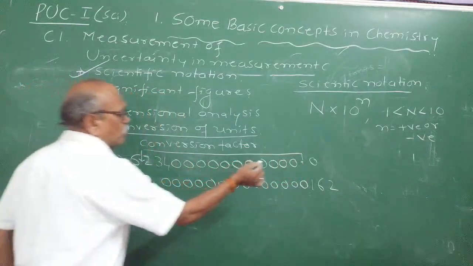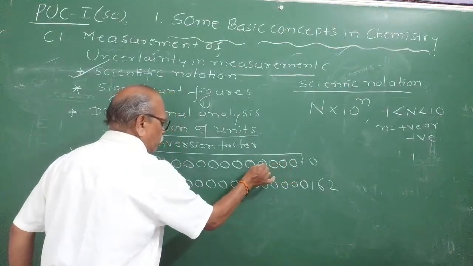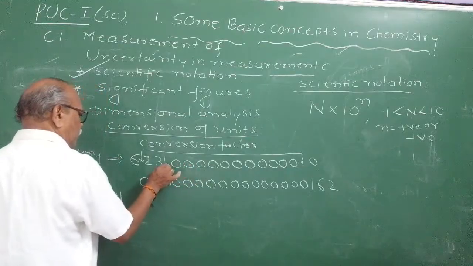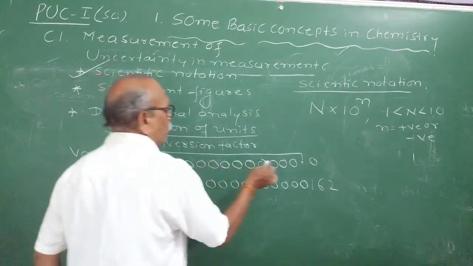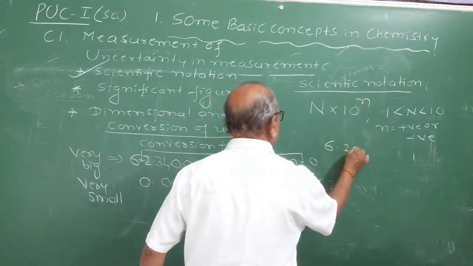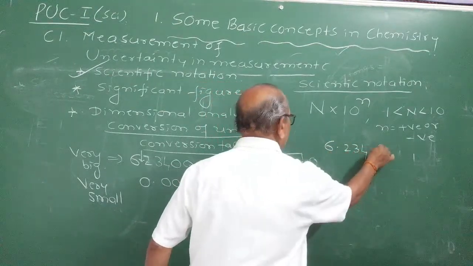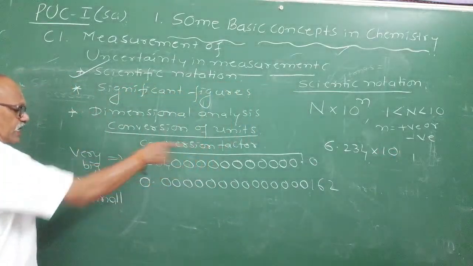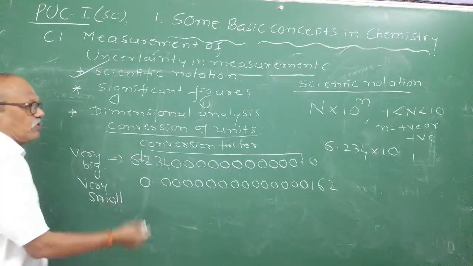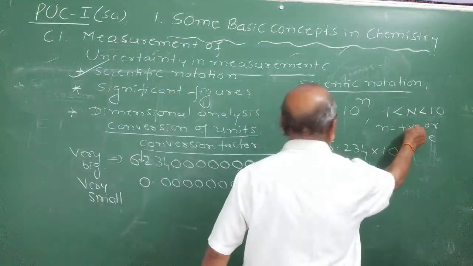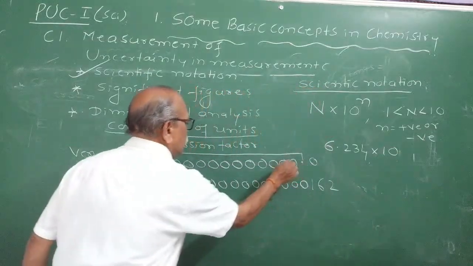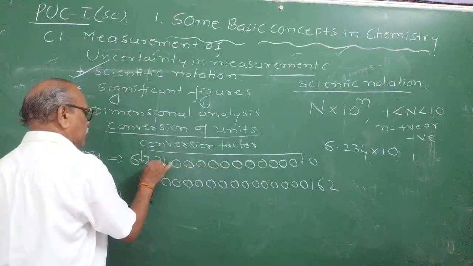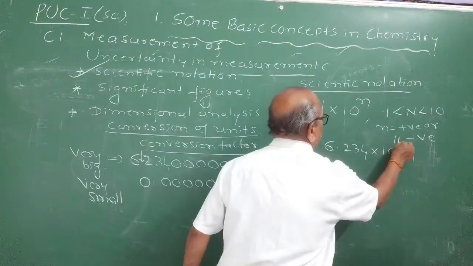How many places do you count? 14 places, so you write 6.234 into 10 raised to 14. Whenever you shift the decimal point to the left, you have to add.